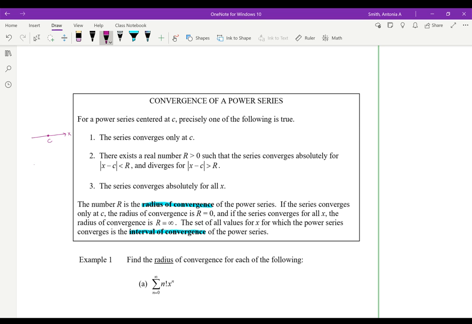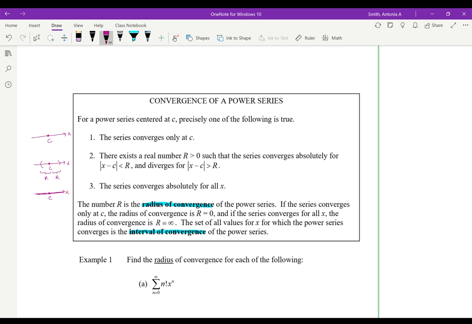We could have it converge for an interval about c, where the interval is r on each side of c. And our last option is that it converges along this entire line.